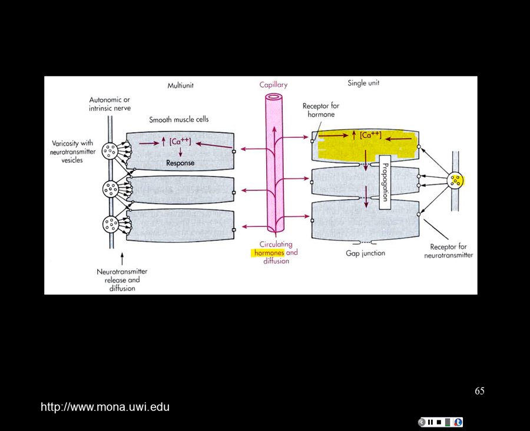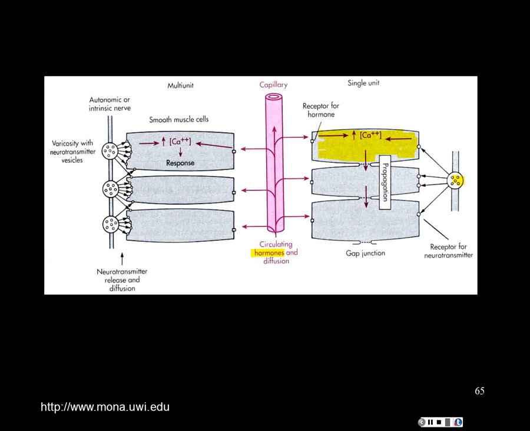It can also be intrinsically controlled. Very good, by cells that we label as pacemakers. So some single unit smooth muscle cells can initiate their own contractility by themselves, without the nervous system or the endocrine system telling them to do it. They can initiate it themselves. If the pacemaker generates an action potential, it's pretty well guaranteed to conduct through the rest of the cells.